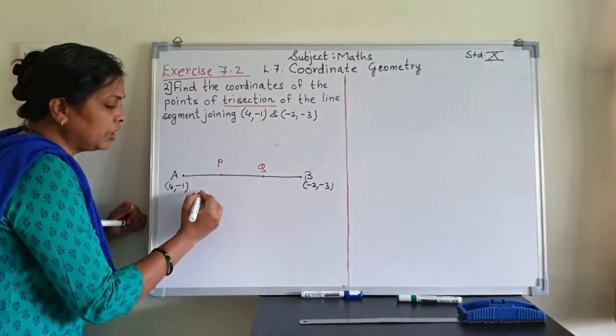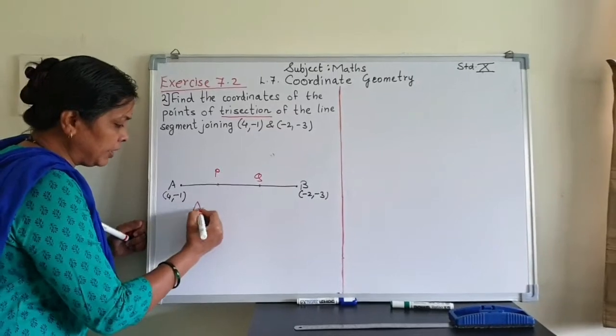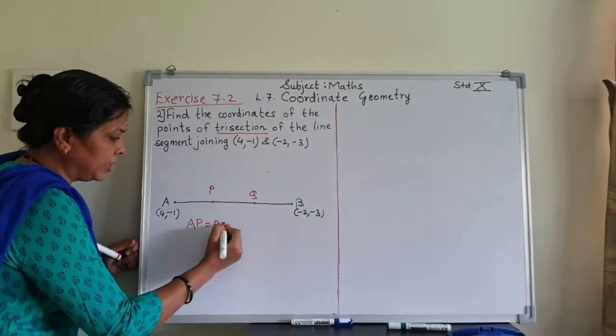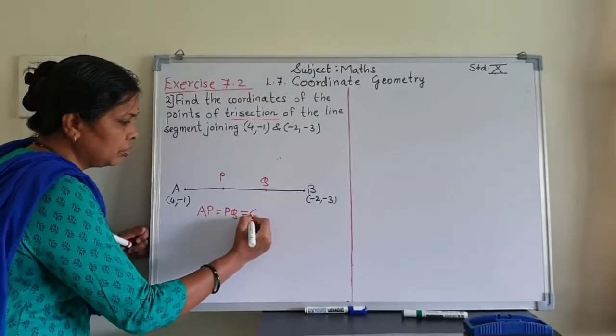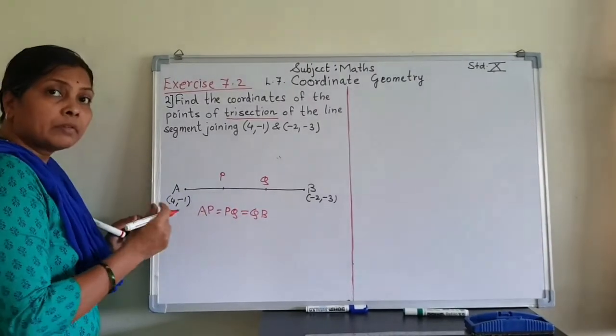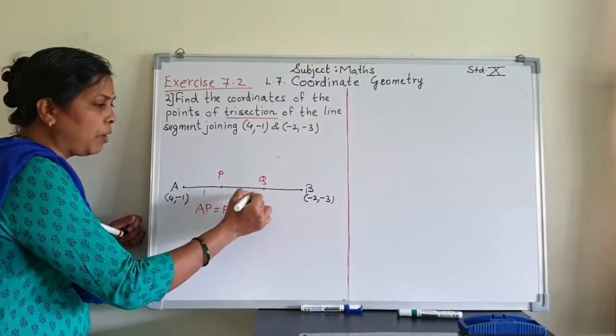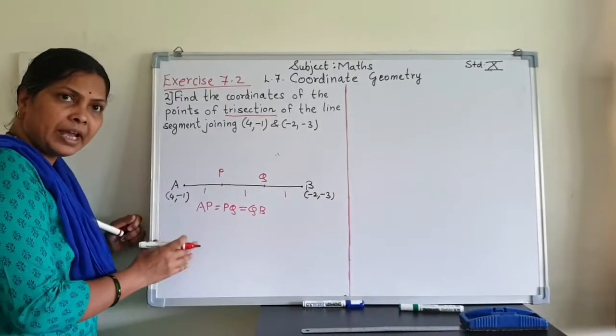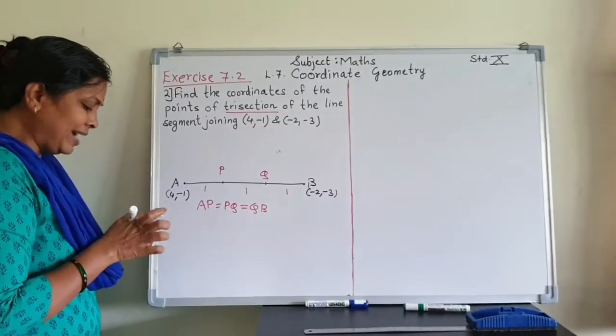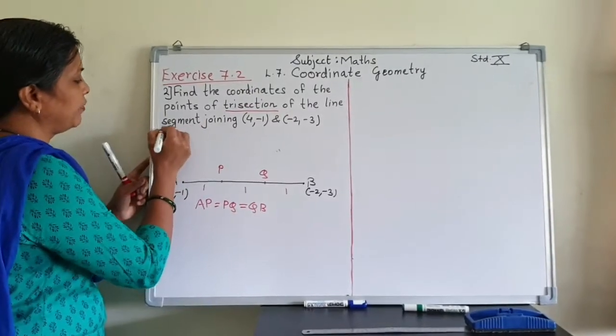Equal parts means that AP is equal to PQ is equal to QB. It means the ratio of these will be 1:1:1.